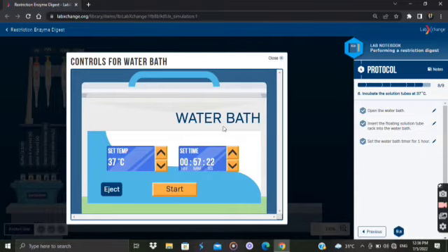Start. So basically we are going to wait until this 1 hour timer on the water bath runs out, and we are ready for the last, which is the 9th protocol for this restriction enzyme digestion simulation.